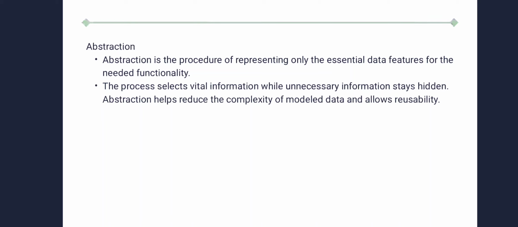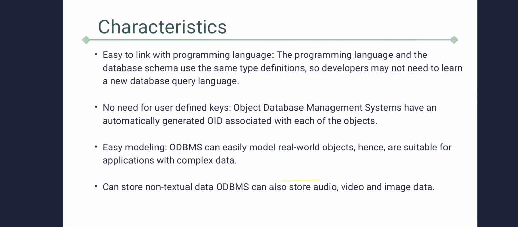Whatever is important or necessary, only showing that data is known as abstraction. It means hiding the important data and only sharing as much as is needed. For example, if I am sharing a secret with a friend, but I am not sharing the whole secret, only a little part of it, that is known as abstraction.